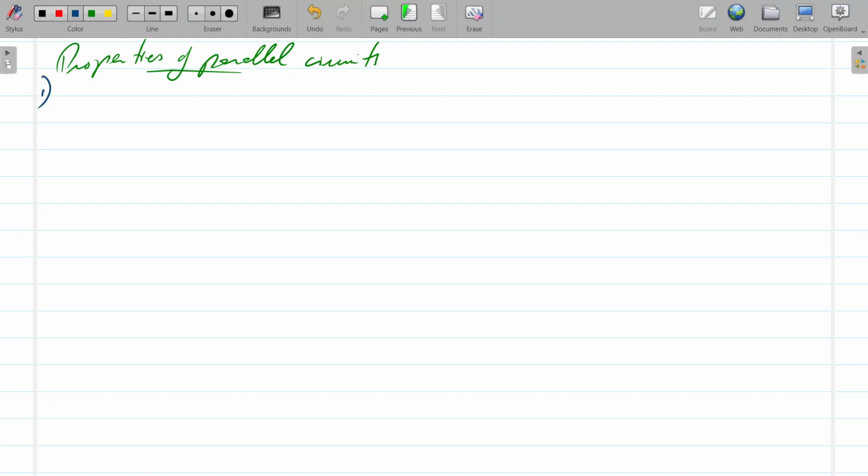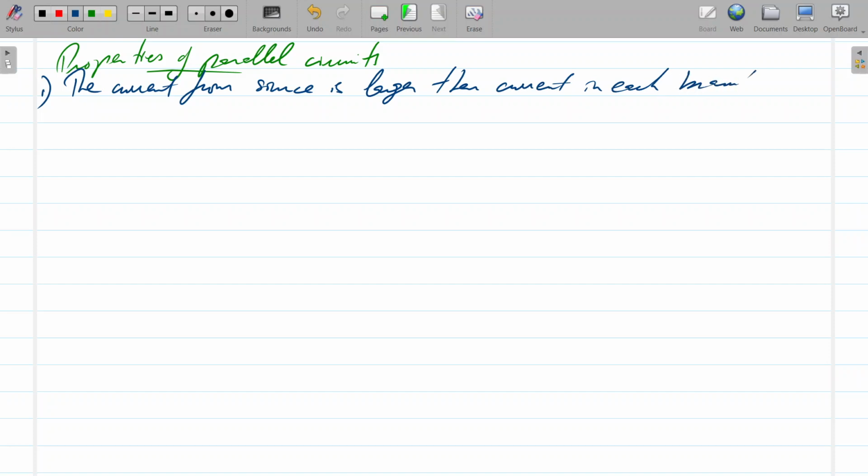Right, the first property is that the current from the source is larger than the current in each branch. Why? Because the current splits.